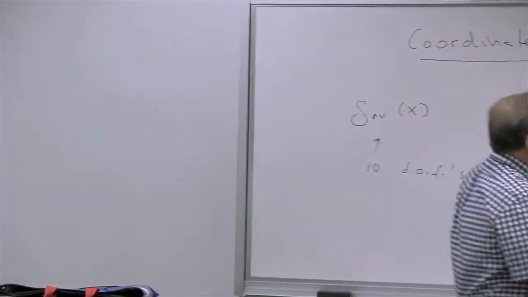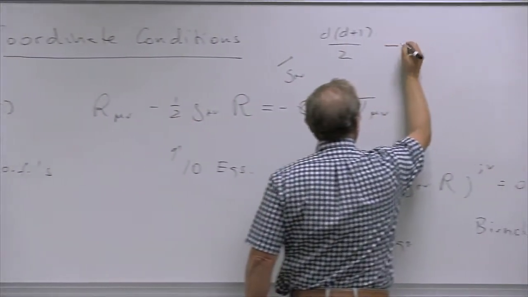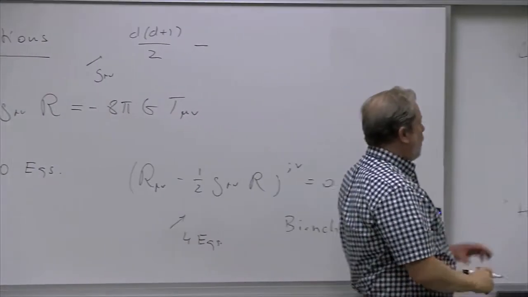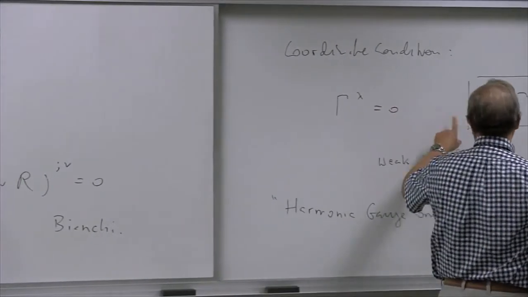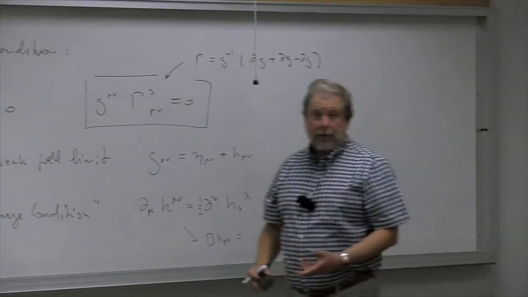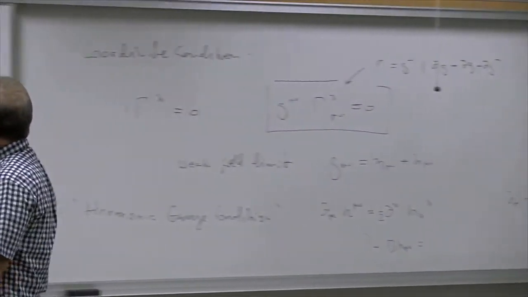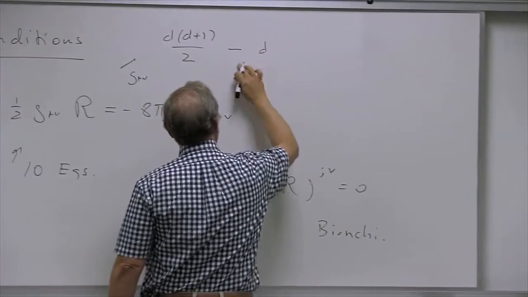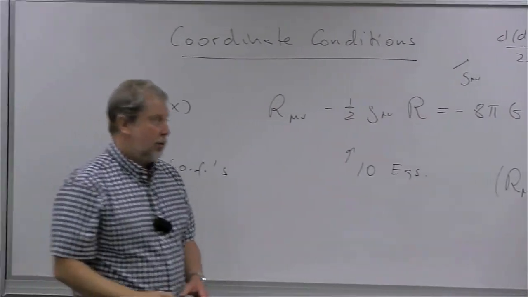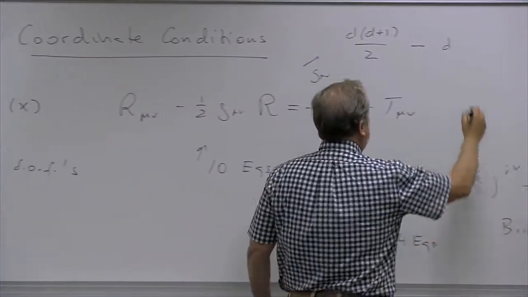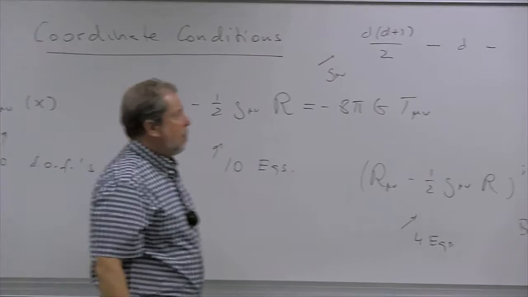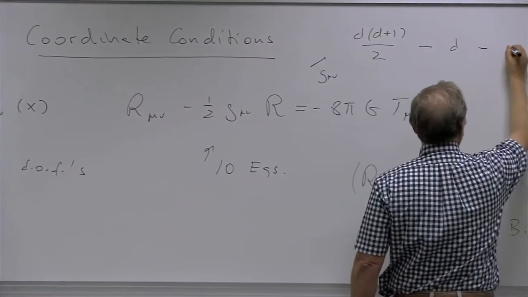And now, if you subtract this coordinate condition, it's obvious that when you write down either that or this, it's the same thing, then you have the equations. So the original 10 degrees of freedom of the metric in 4 dimensions is reduced by 4. And you still have a residual invariance, which is some additional coordinate transformation that you can do.